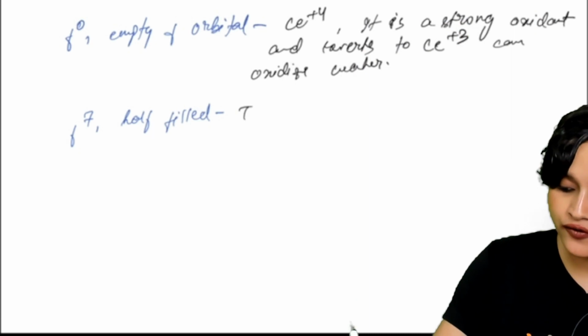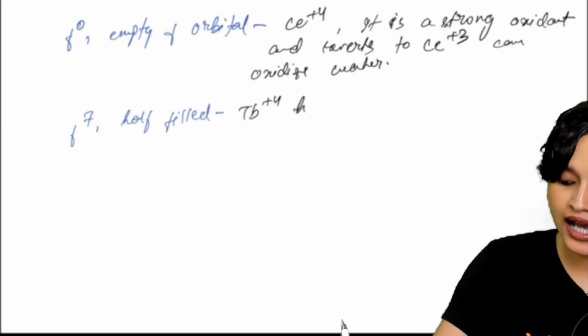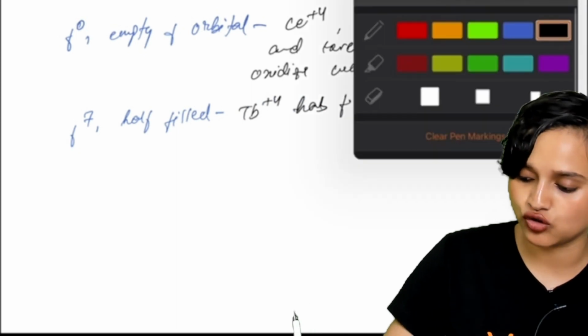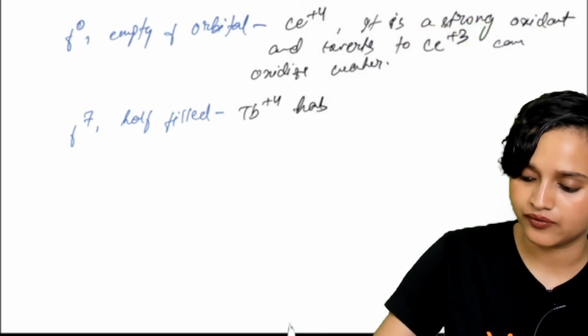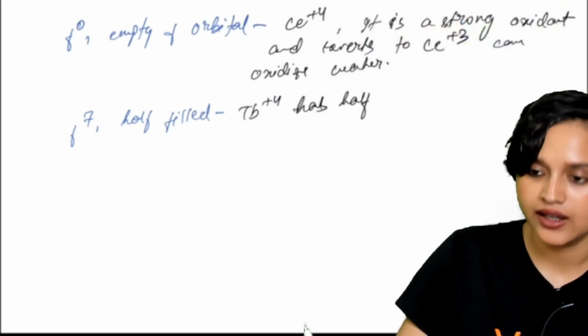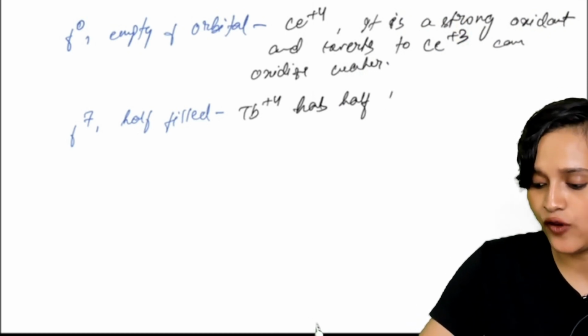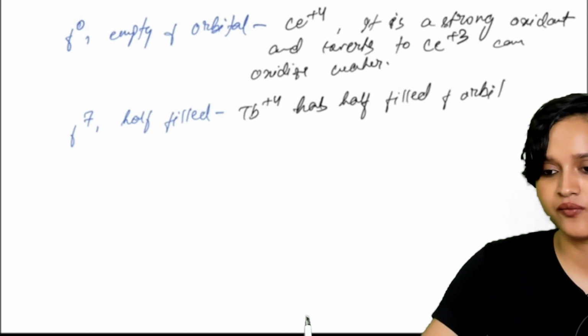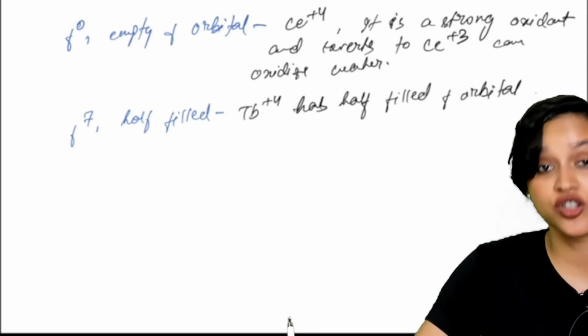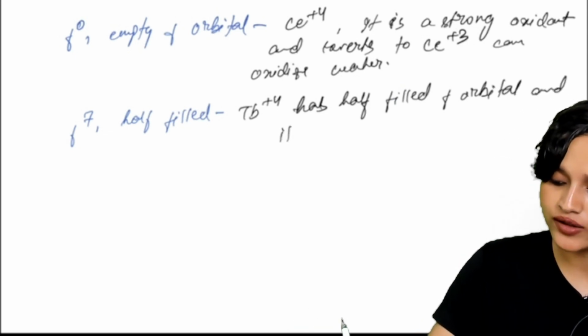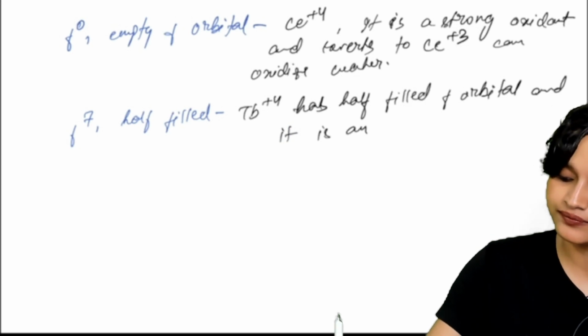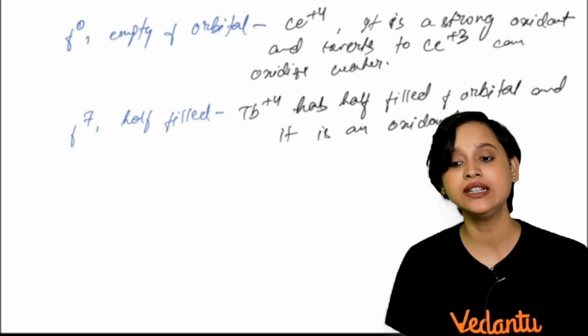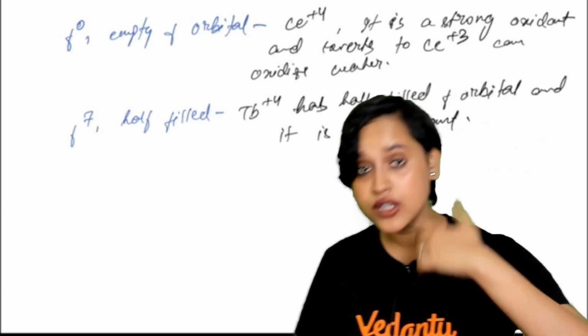So Tb plus 4 has half filled f orbital, and this is also an oxidant. Cool, guys?